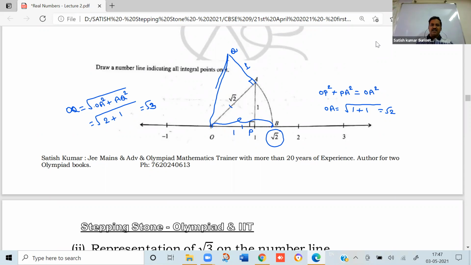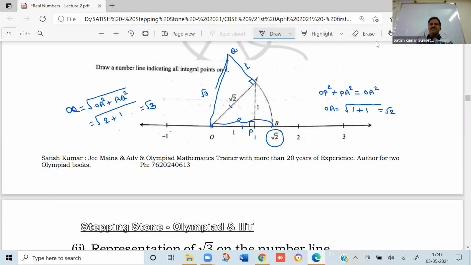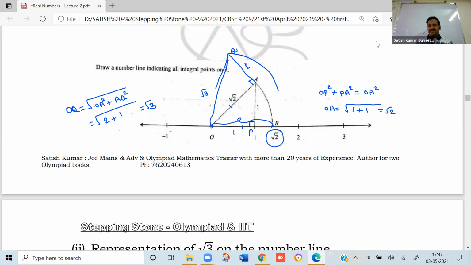So OQ length is now root 3. Now again in the same manner, with O as center and OQ as a radius, you draw an arc. Somewhere it will intersect. Let us consider this is C. So the length of OC will be the same as the length of OQ, which is root 3. That means root 3 as a point on the number line.